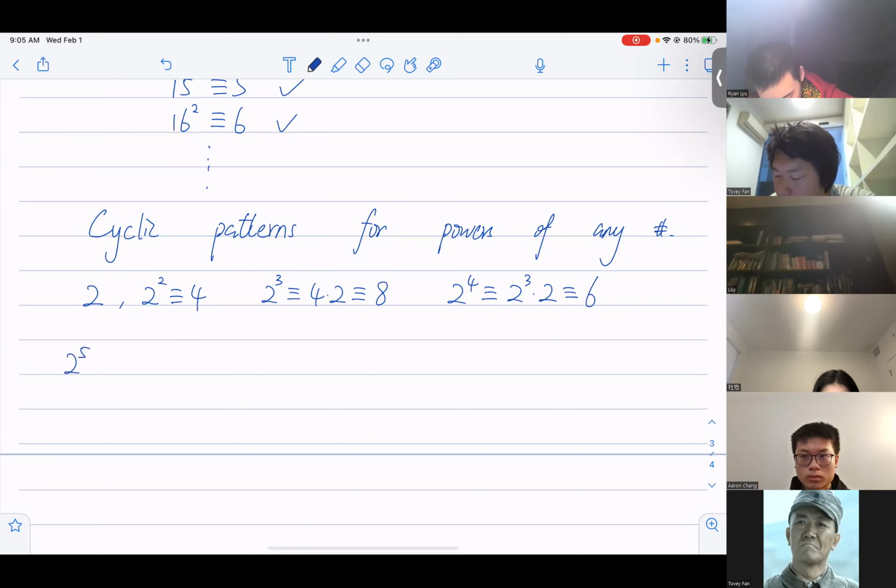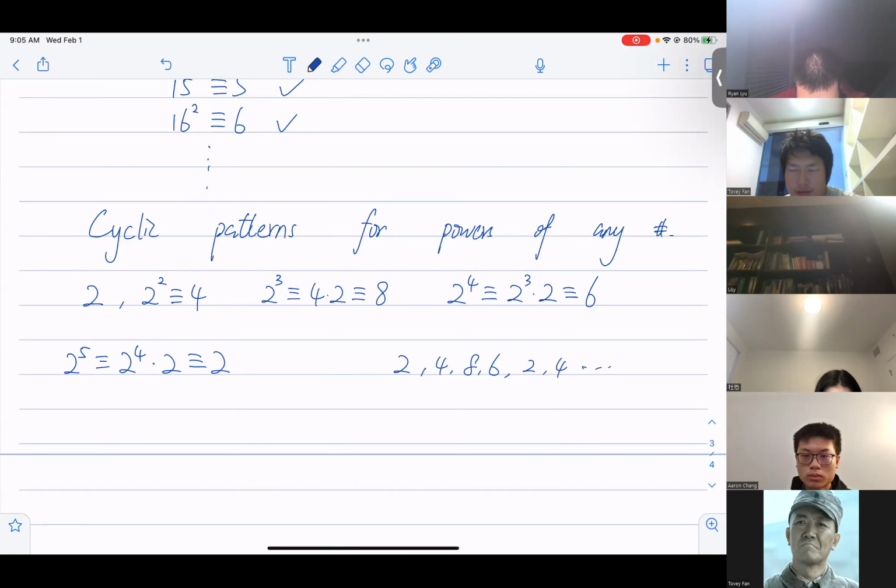And 2 to the 5th is going to be 2 to the 4th times 2. And we know 2 to the 4th is 6. So 6 times 2 goes back to 2 again. You see? Pattern. 2, 4, 8, 6, 2, 4, 8, 6. That's for 2.